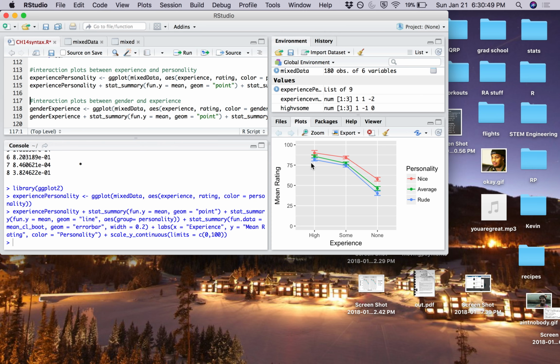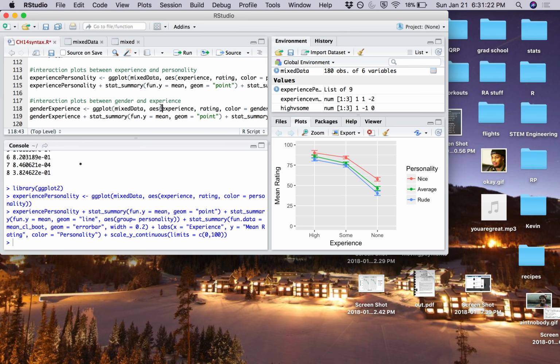So for all levels of experience, we can see that the mean score for the nice personality was the highest, followed by average level of personality, and then rude personality. So as individuals gain more experience, they receive higher mean ratings. So people with the highest level of experience received the highest ratings, and then it decreased as they had less.